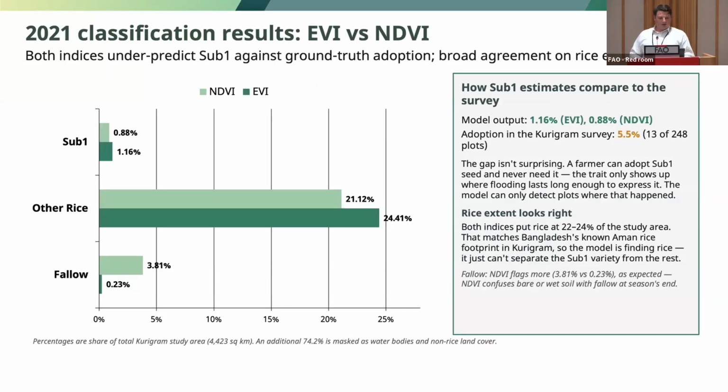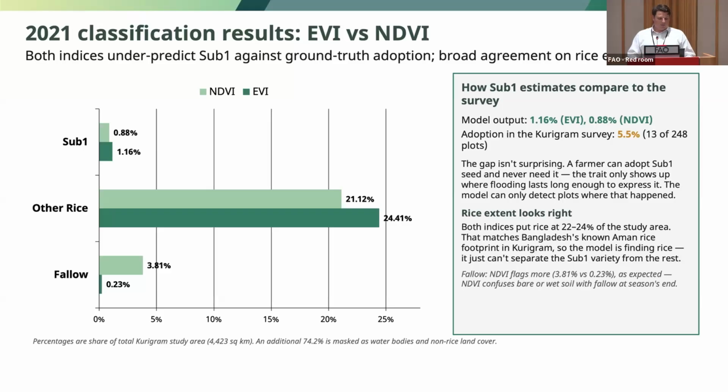What we can see here, y'all, is that we wanted to identify with the random forest classifier how accurately we could detect the adoption, but also compare it against two different derivative data sets at the core of the random forest. There is a difference between NDVI and EVI.